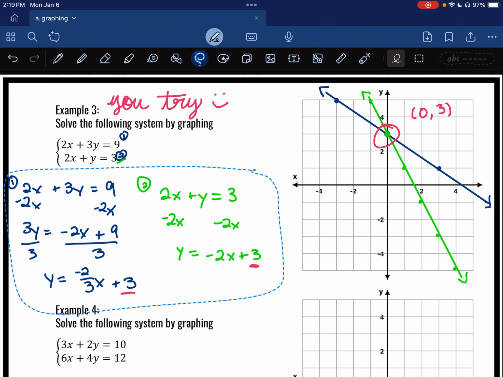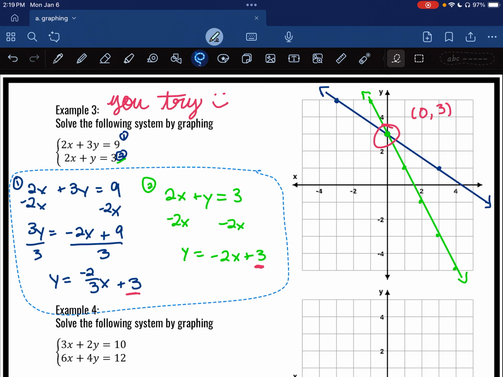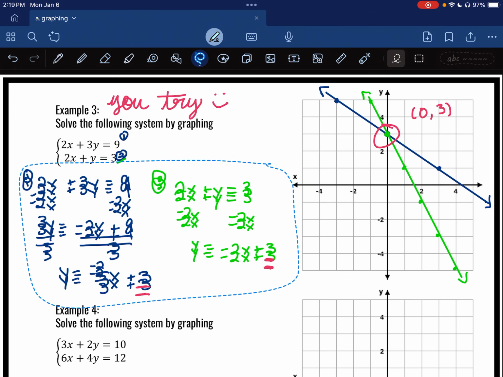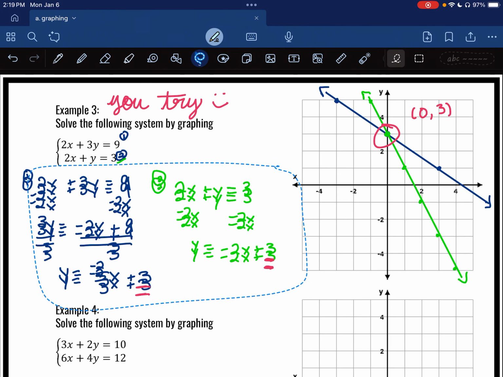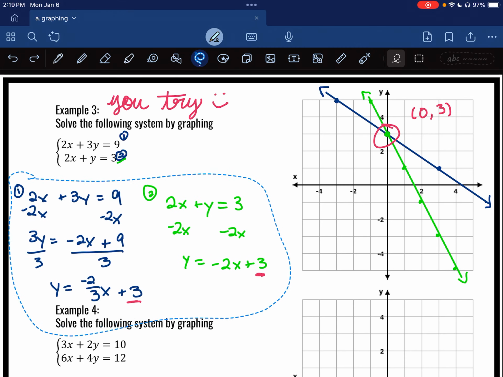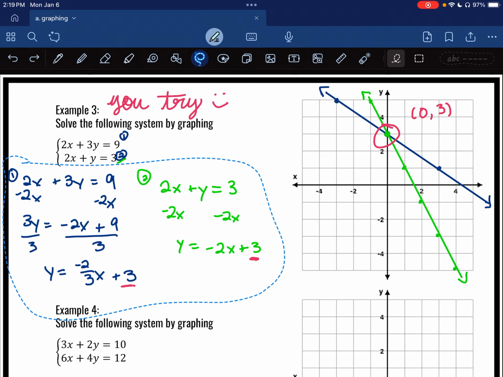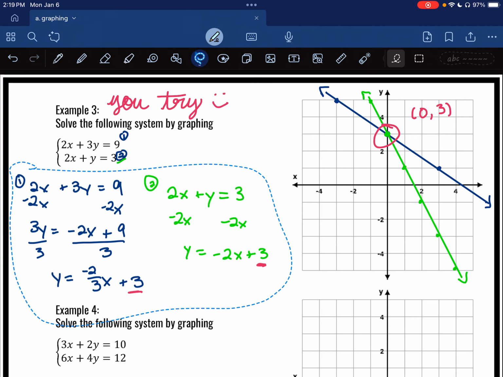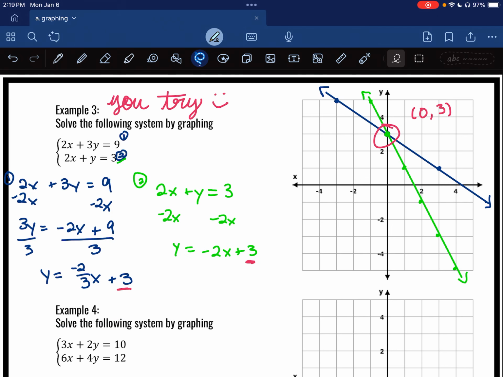I'm going to shrink this down here, maybe. No? Jeez Louise. Alright, so I'm just going to move this over here so that I have more room to check my work, excuse me.